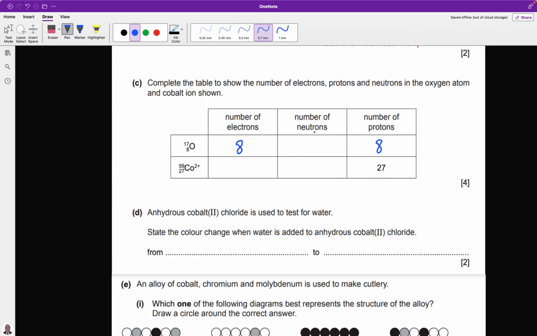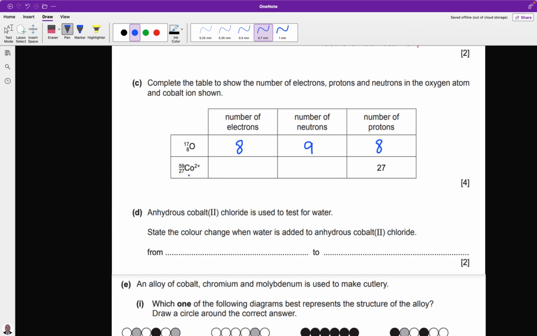Now, I told you that proton number plus neutron number will give you our nucleon number. And this is our nucleon number, 17. So in order to have the number of neutrons, since neutrons plus protons equal the nucleon number, which is 17, it will be 17 minus 8, which will be 9.